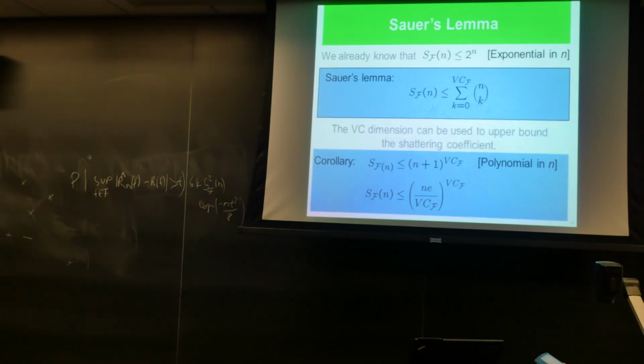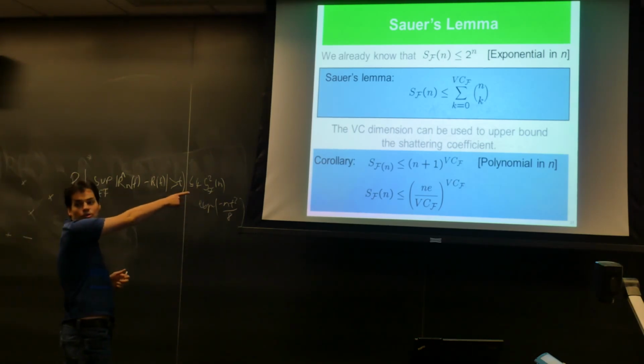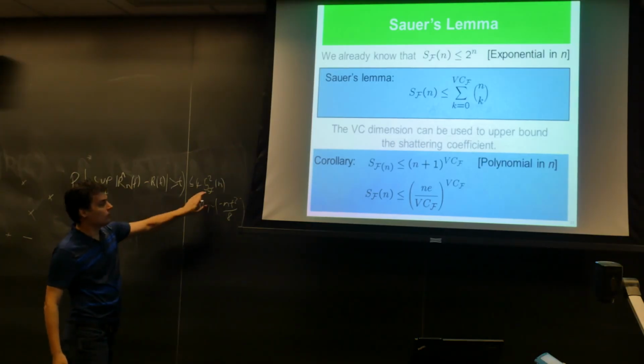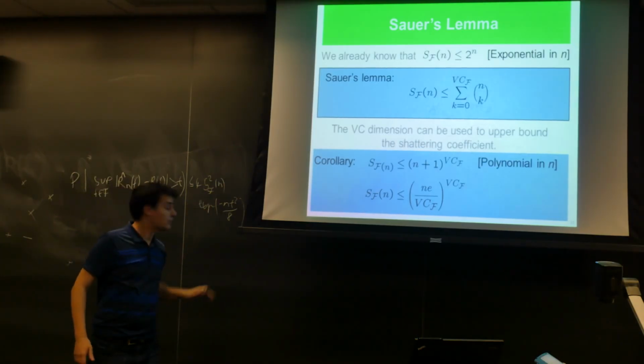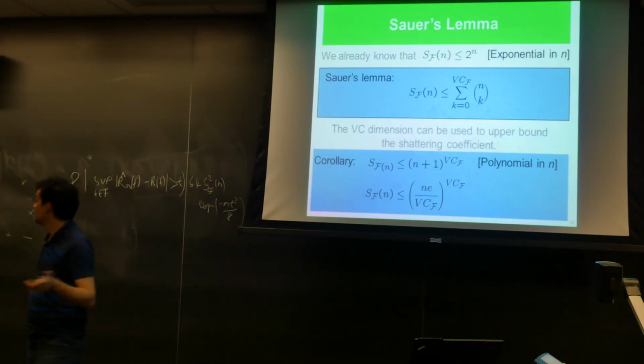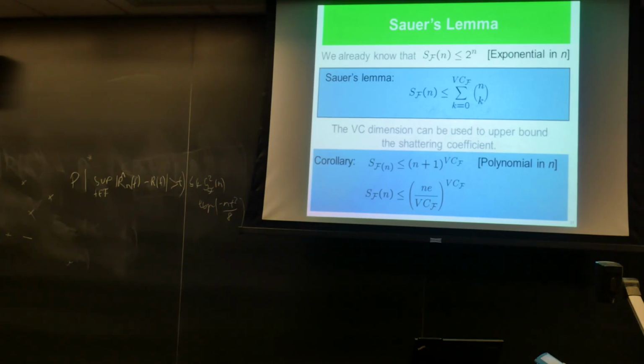So a very naive theorem could be that I just replace this S_F(n) with 2 to the n. But that's a very loose bound. We want to upper bound this S_F(n) because this is exponential in n. We want to upper bound it in terms of VC dimension. And if you look at this guy here, what's the nice property of this? Polynomial. Right, it's polynomial in n.